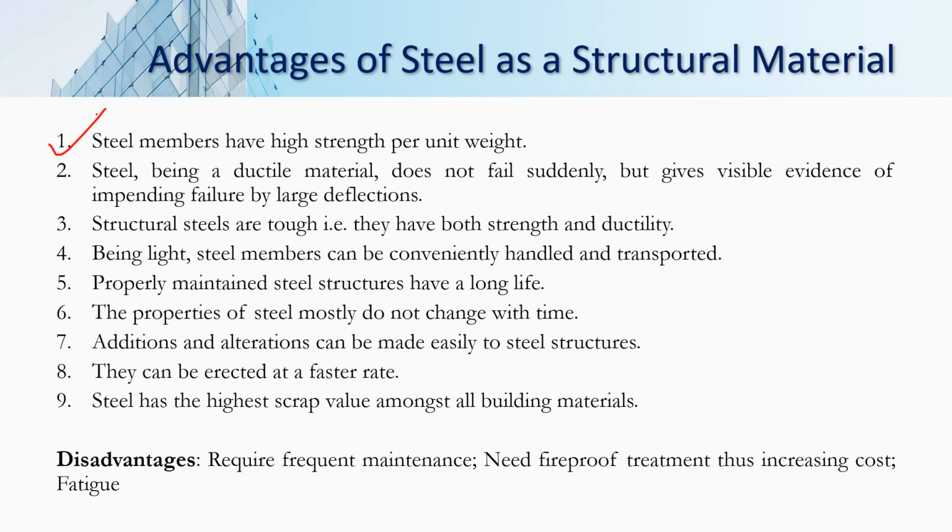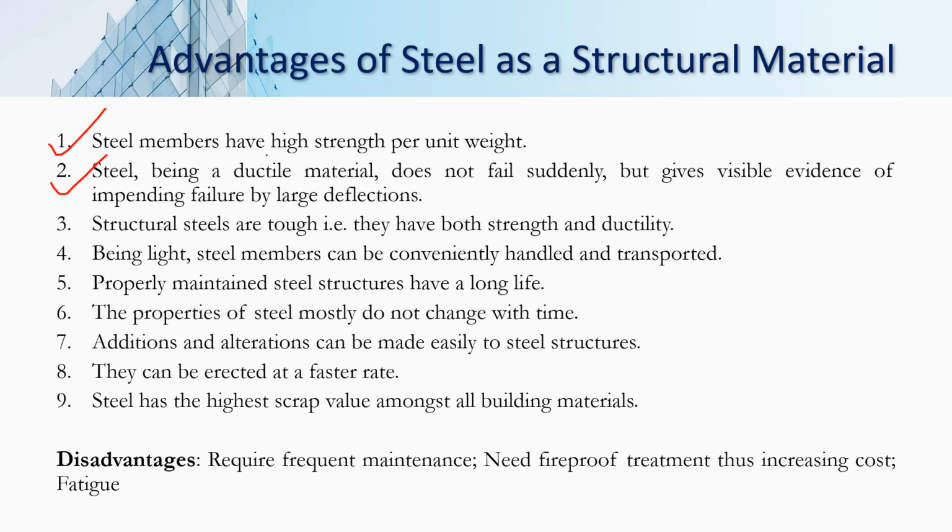So the high strength of steel results in smaller sections that can be used, and in buildings, if you are making beams and columns, that high strength allows us to use fewer columns. This high strength to weight ratio is the most important property for the construction of many structures such as long span bridges, tall buildings, and also buildings on soil with relatively low bearing capacity. This high strength per unit weight is the primary advantage.